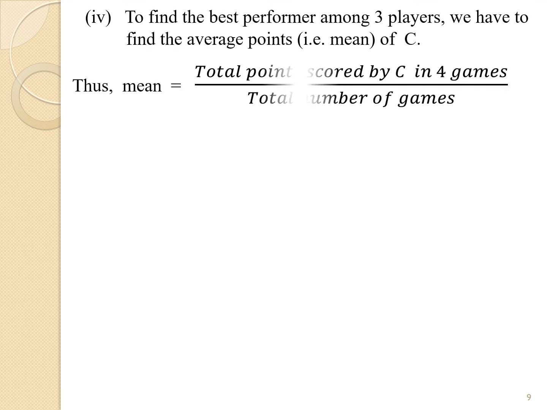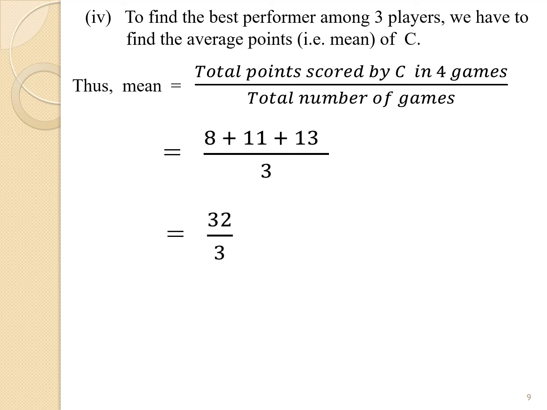Now, sub question 4. Who is the best performer? Solution 4. Students, in order to find the best performer, we have to compare the mean of each player. So, let's find out the mean of player C. Mean of C equals total points scored by C in each game upon total number of games equals 8 plus 11 plus 13 upon 3 equals 32 upon 3 equals 10.67 points.